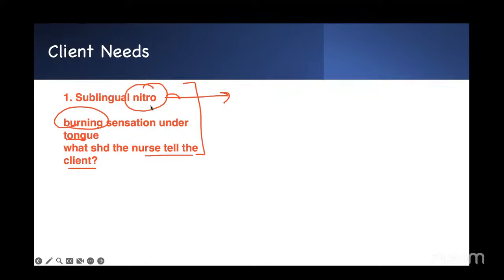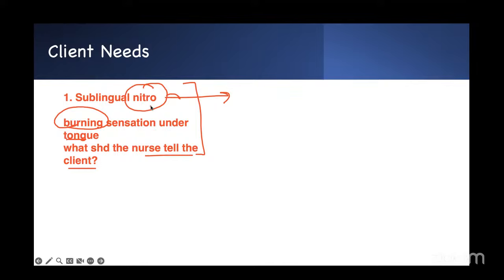If you take nitro and put it under your tongue, are you going to feel some burning sensation? Think about it. Is that what you learned? If that's what you learned, that means this is an expected finding of a medication.